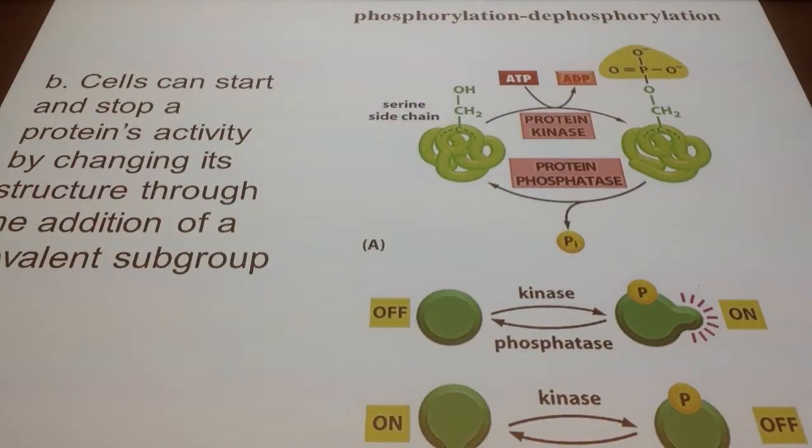A perfect example is phosphorylation and dephosphorylation, and we'll talk about them many, many more times. Phosphorylation is a process by which a phosphate group is added. Dephosphorylation is a process by which a phosphate group is removed. Phosphorylation is catalyzed by kinase. Dephosphorylation is catalyzed by phosphatase. I already said that earlier.